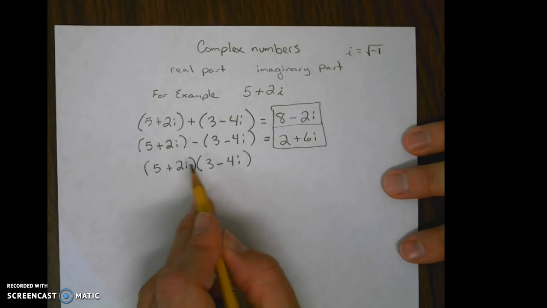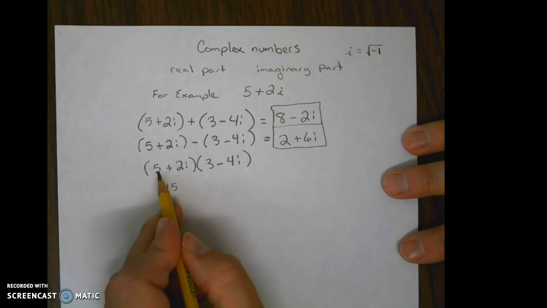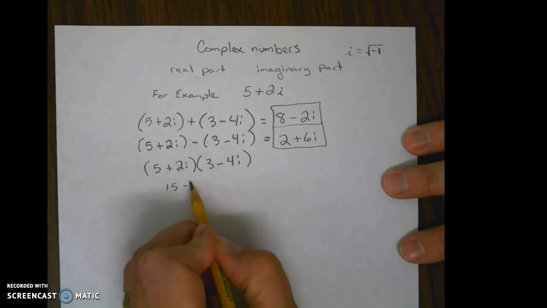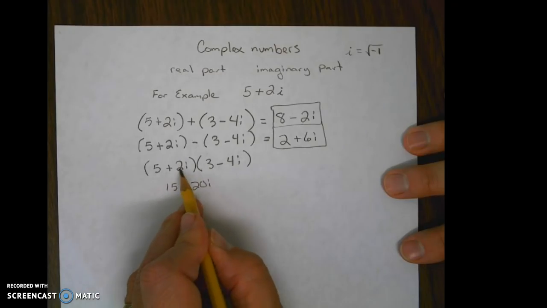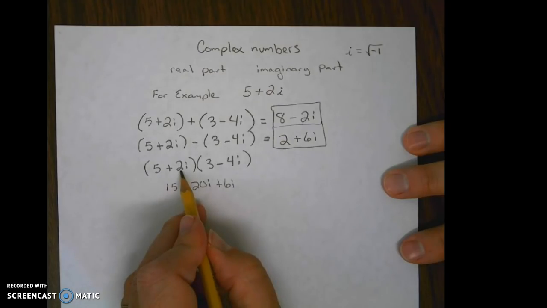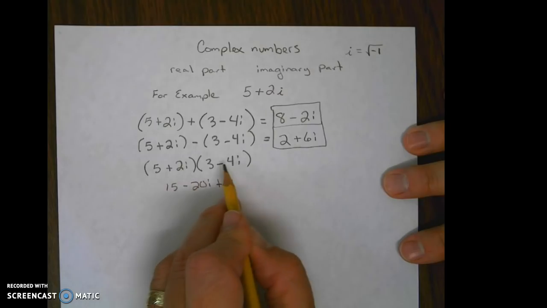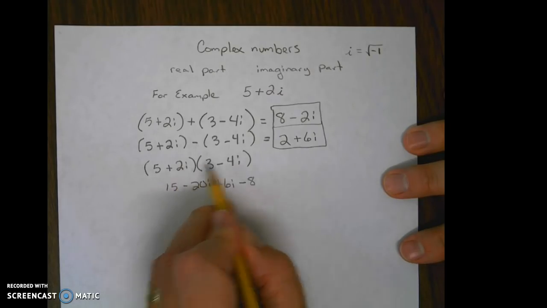So multiplying my first terms, my outer terms, my inner terms, and my last terms. Now this is the tricky part, because we're going to multiply 2 times -4 and i times i.